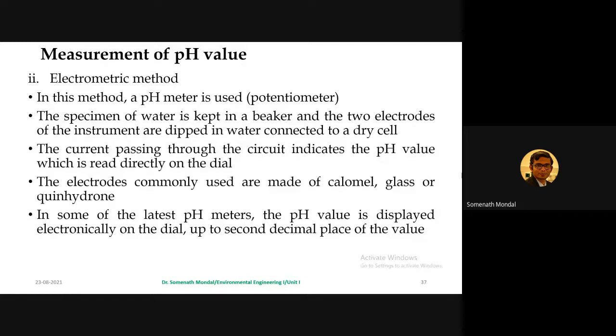You dip that probe, wait for a certain time, and then directly you get the results. Through that probe we have sophisticated microprocessors attached, and directly we get the value. That probe is able to detect the hydrogen ion concentration present in that particular liquid.